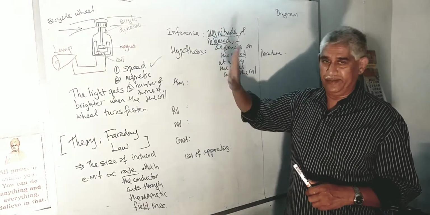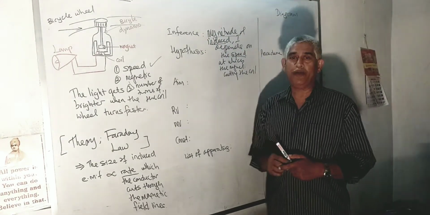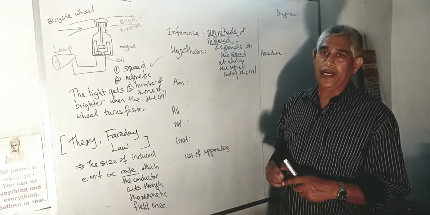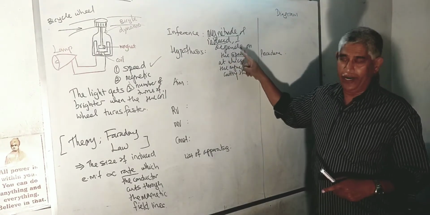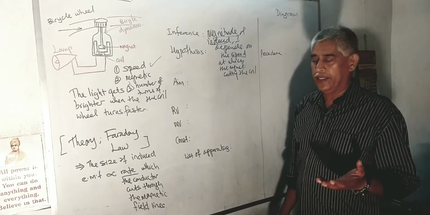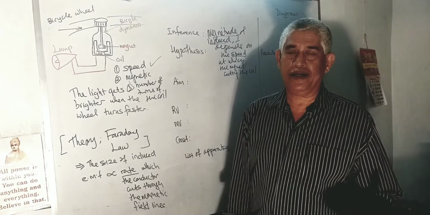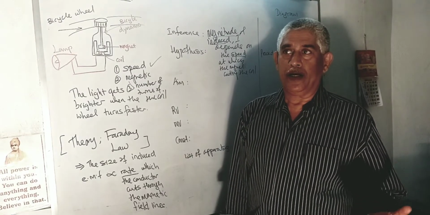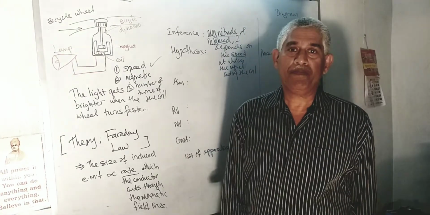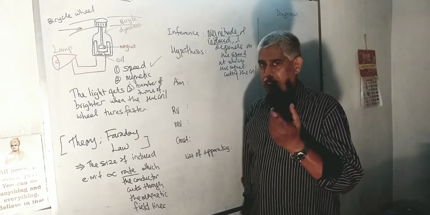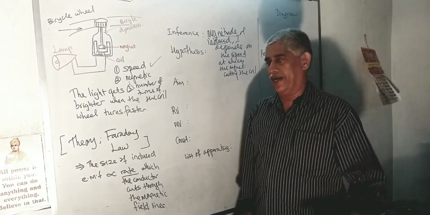The aim will be to show the relationship, again between the same two variables, the speed at which the magnetic field is cut influences the magnitude of induced current. You can play my video and write that also.